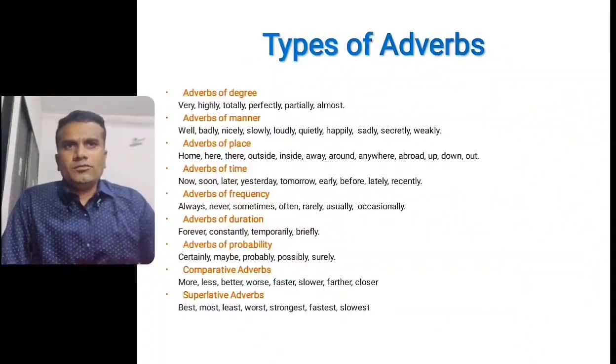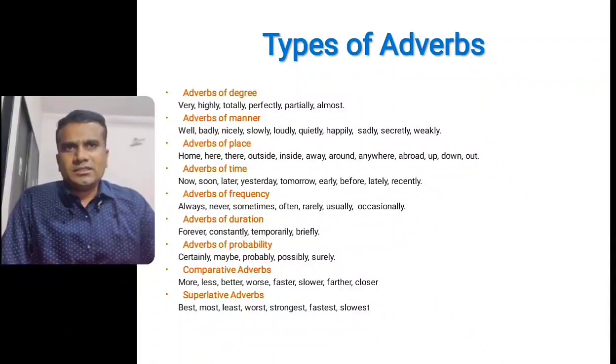Now we will see quickly types of adverbs. First type of adverbs is adverbs of degree. The examples of adverbs of degree are very, highly, totally, perfectly, partially, almost.